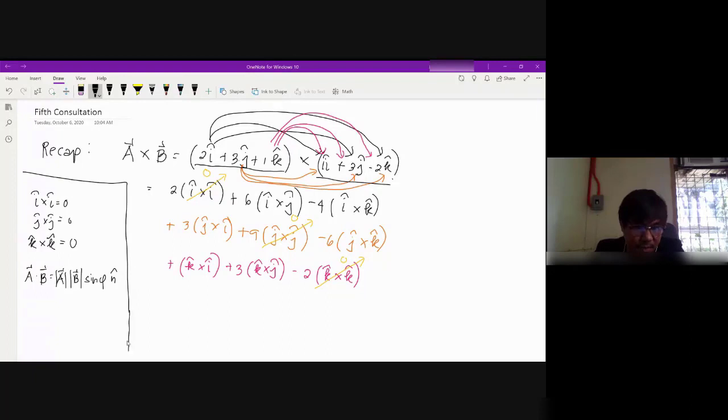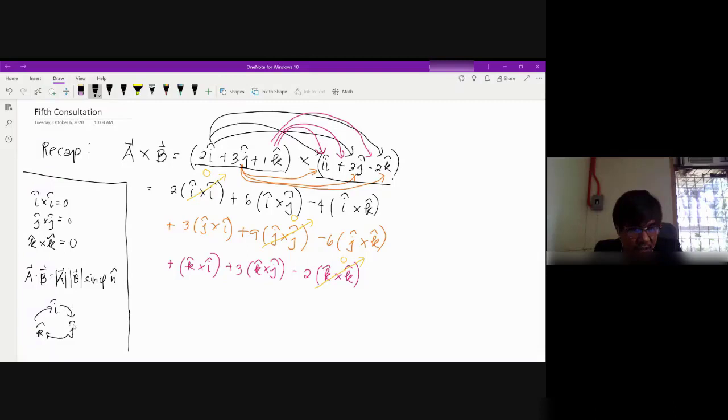Now, to determine the other cross products here, like for example, I hat cross J hat, kinahanglan na nato i-recall ang cyclicity sa pagkuha sa vector product sa unit vectors. Diba?